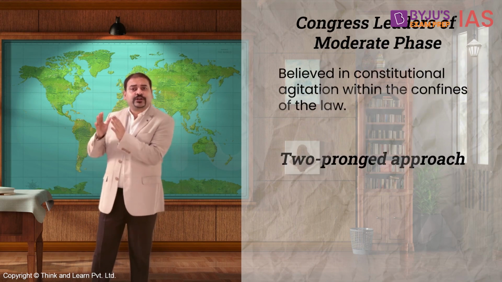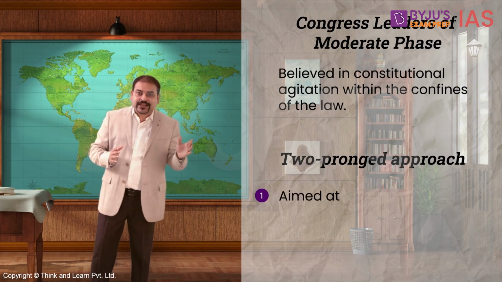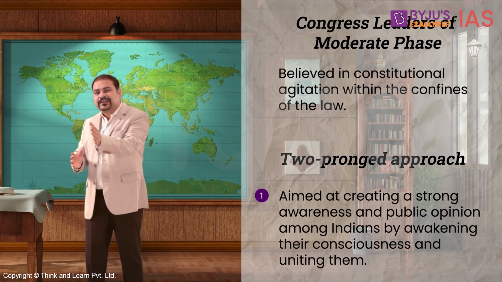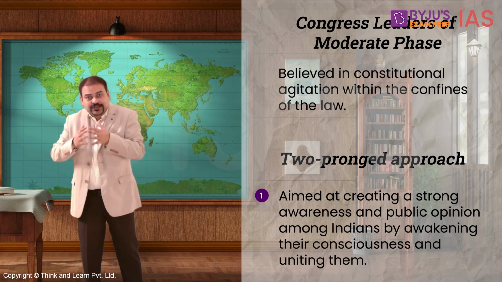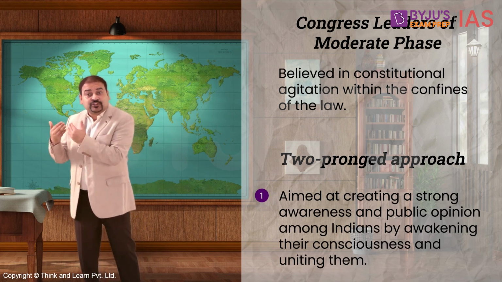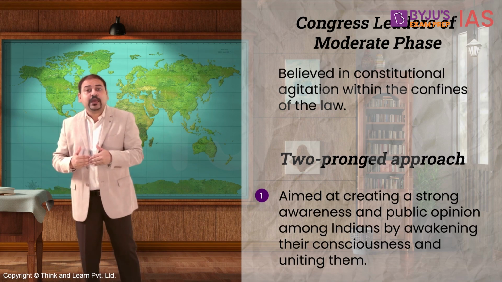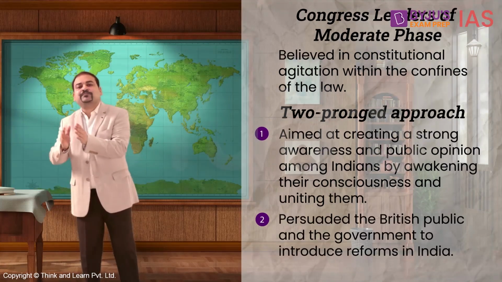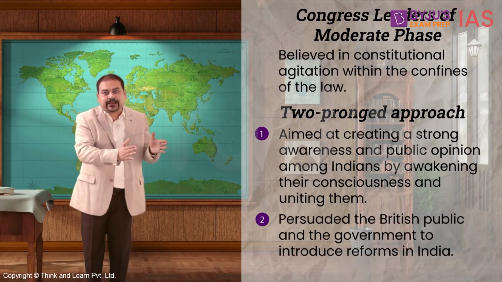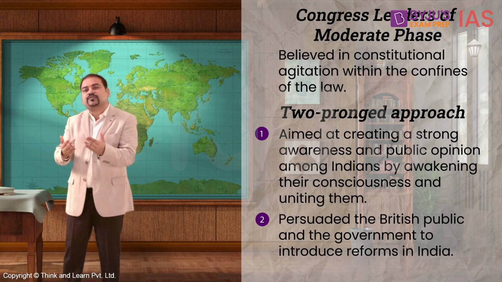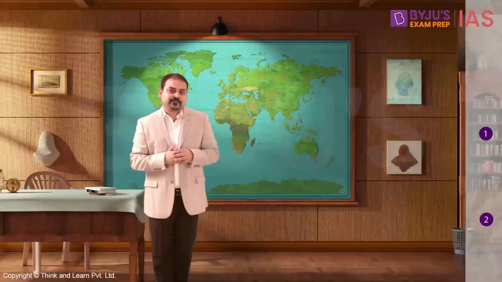Their two-pronged approach aimed at first creating a strong awareness and public opinion among Indians by awakening their consciousness and uniting them. Second, it also aimed to persuade the British public and the government to introduce reforms in India.